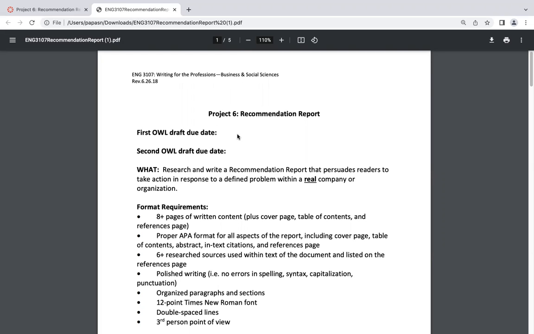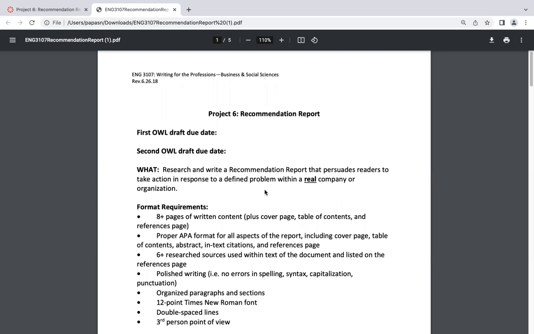So what is this assignment? What is the big picture here? Big picture is that, one, you've chosen a real company or organization. Two, you've identified a problem within that organization.